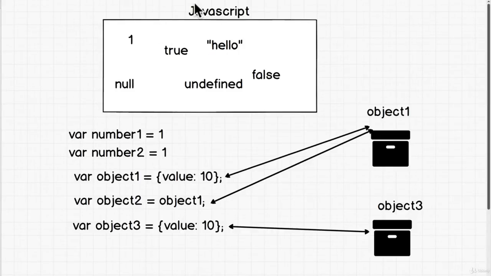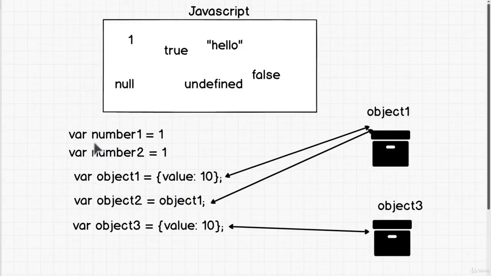So JavaScript, the person who wrote JavaScript, and ECMAScript, the standard, says these are primitive types. We tell you what they are. Now, a reference type, which is a non-primitive type, is not defined by the programming language. What that means is that they're created by the programmer.